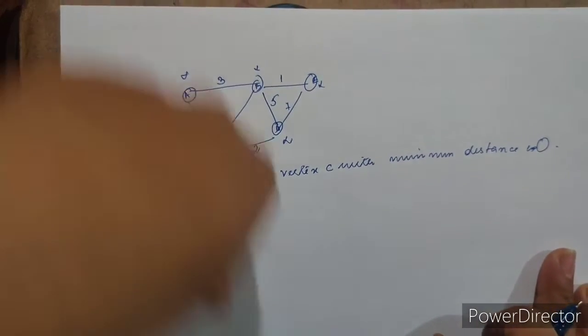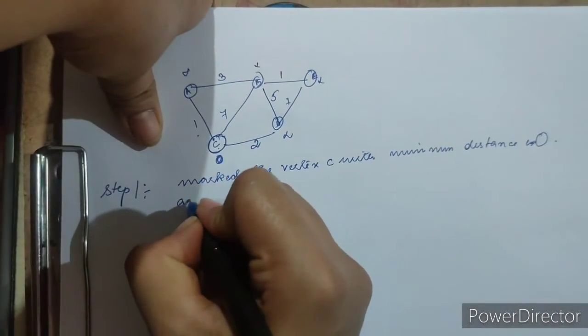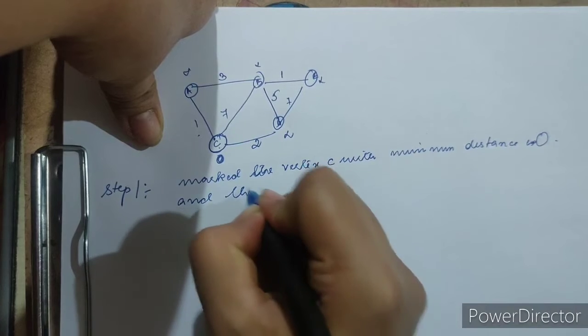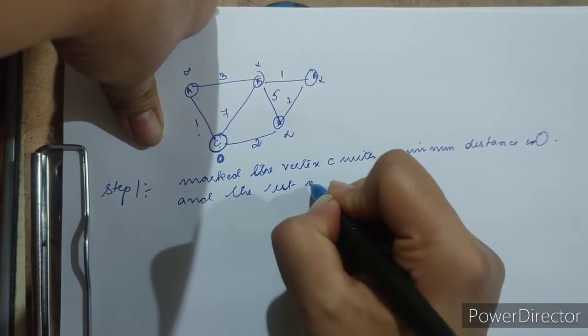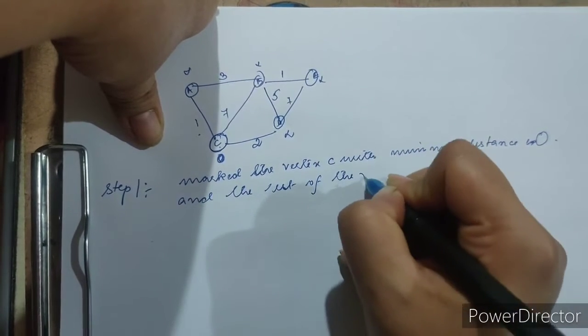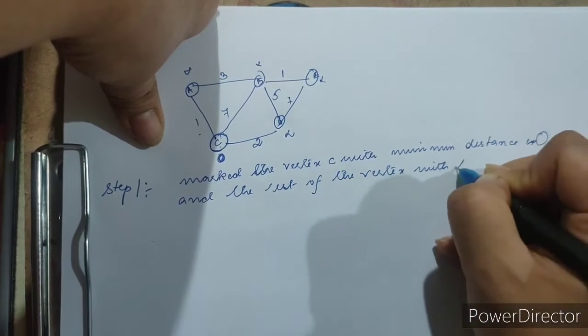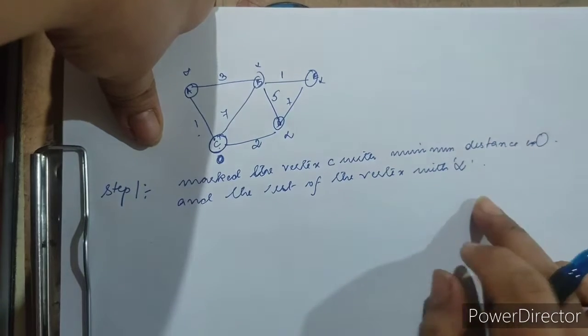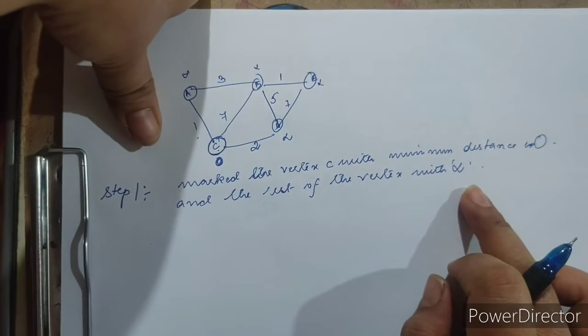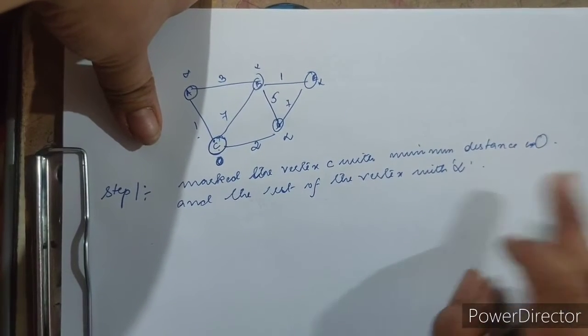Got it? We mark distance 0, and the rest of the vertices with infinity, as we accept C, because we don't know the distance.